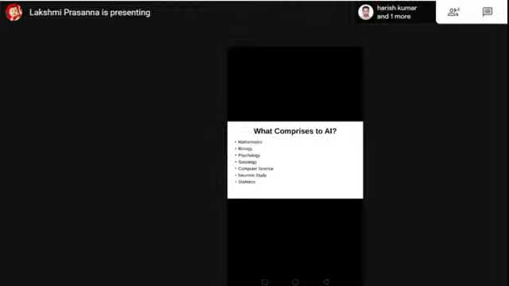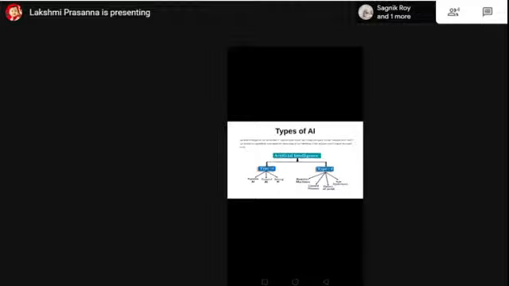So what comprises AI? In AI, we use mathematics, biology, psychology, sociology, computer science, neuron study, and statistics. So AI comprises all these things. Next, let's look into types of AI.